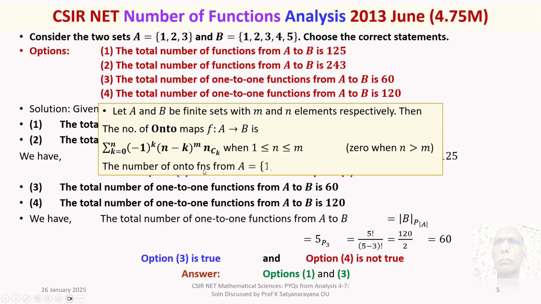Therefore, the number of onto functions from A, the set 1, 2, 3, to B, the set consisting of 1, 2, 3, 4, 5, is 0 because the order of B is greater than the order of A. That's it. So, that is the detailed discussion of the solution of this problem from the section real analysis, and it is related to the number of functions. Let's now move to the next question.